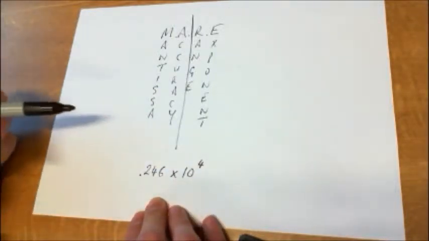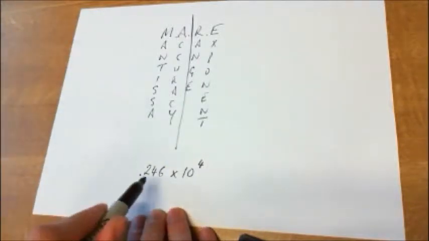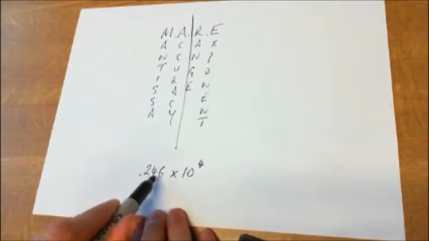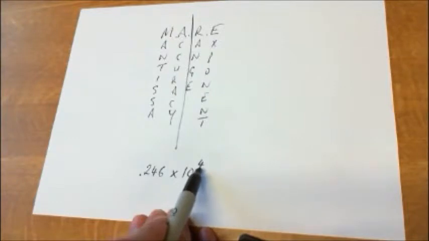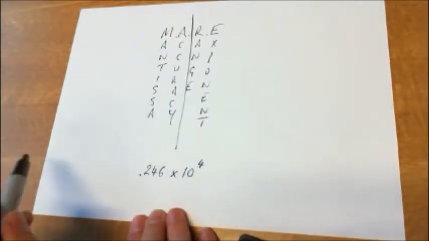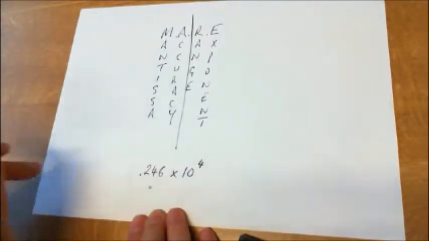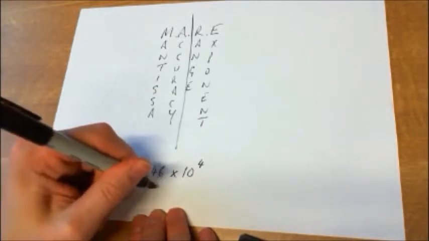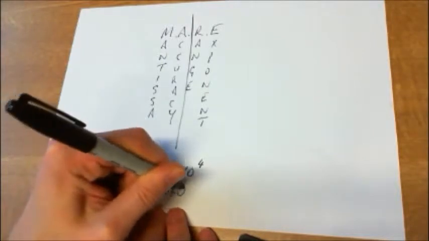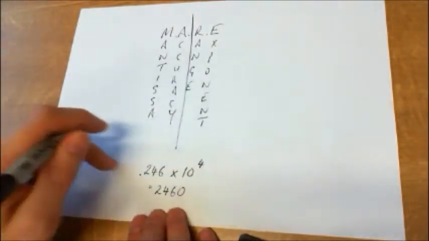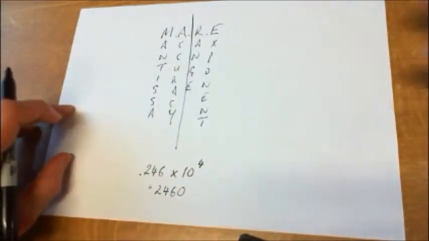In that decimal example, the mantissa is the numbers in your floating point calculation, and the exponent is the number of spaces to push that number to the left. Okay, so you would end up with 246 being pushed 4 places to the left, which would result in 2460. Because it's being pushed 4 places to the left, there's another 0 to be added in there. Okay, that's the decimal.